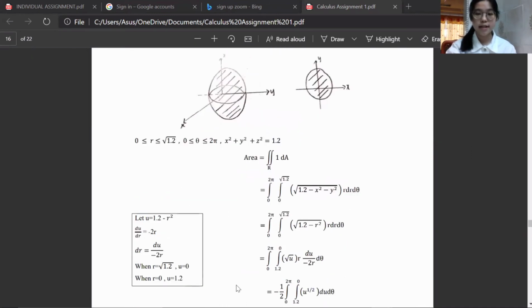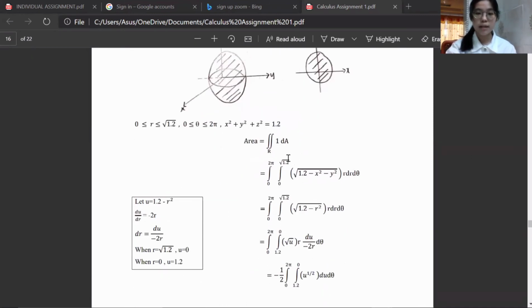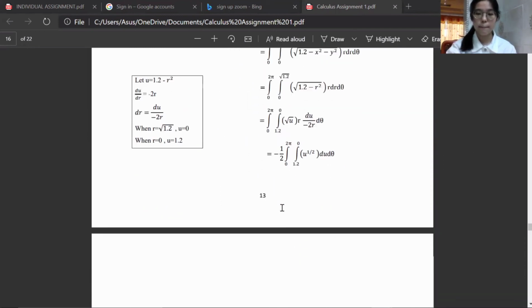Below is the calculation. The upper limit of my radius is square root of 1.2, while the lower limit is 0, and θ has an upper limit of 2π and a lower limit of 0.